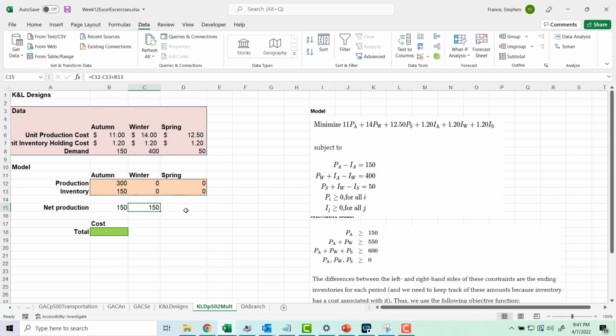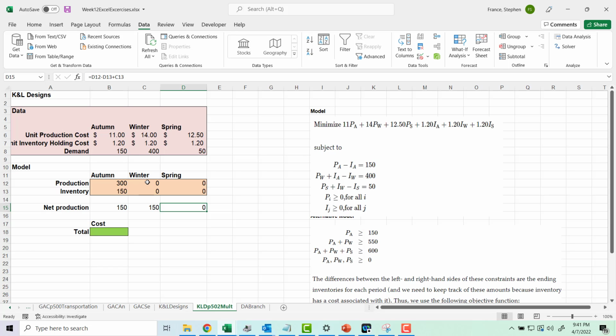And again, we're going to do exactly the same thing in the spring. So it's going to be production minus inventory, but plus the inventory from the previous period. And again, this is going to be equal to the net production.